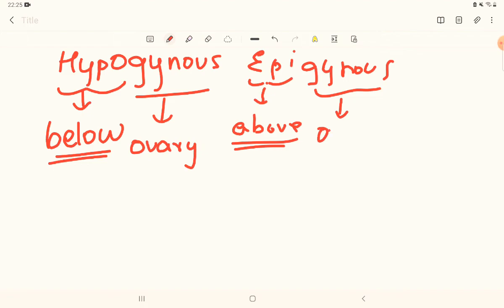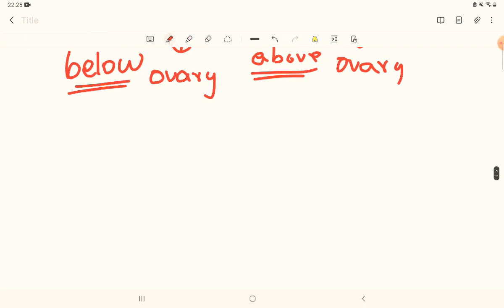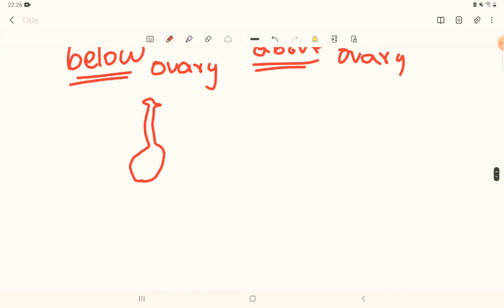This means below the ovary, this is above the ovary. So this would be your female part. Below the ovary means the parts are situated below the ovary. So I would be writing a structure like this. This is your thalamus.